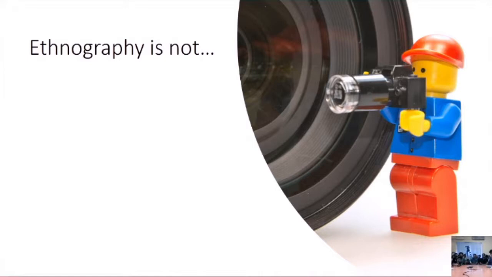I mean, the real academic answer is you can't generalize from ethnographic studies, and that would be my first answer. But the second answer is actually the things that you learn and the things that you see tend to be much more widely applicable.